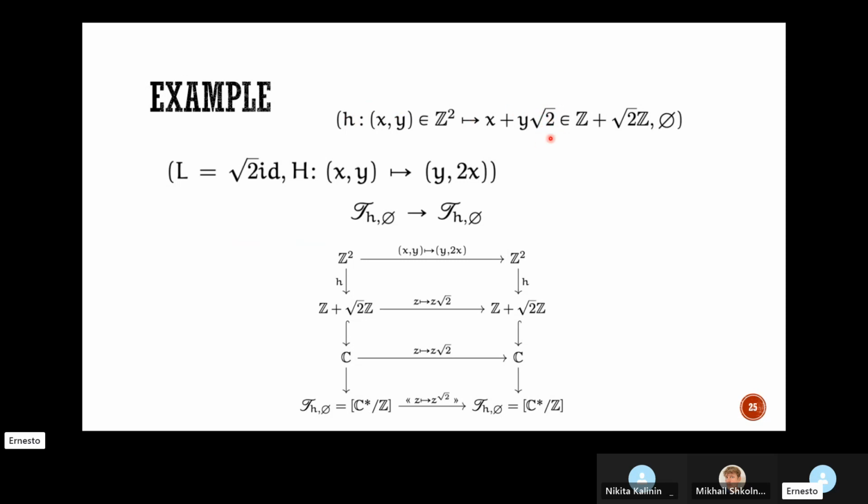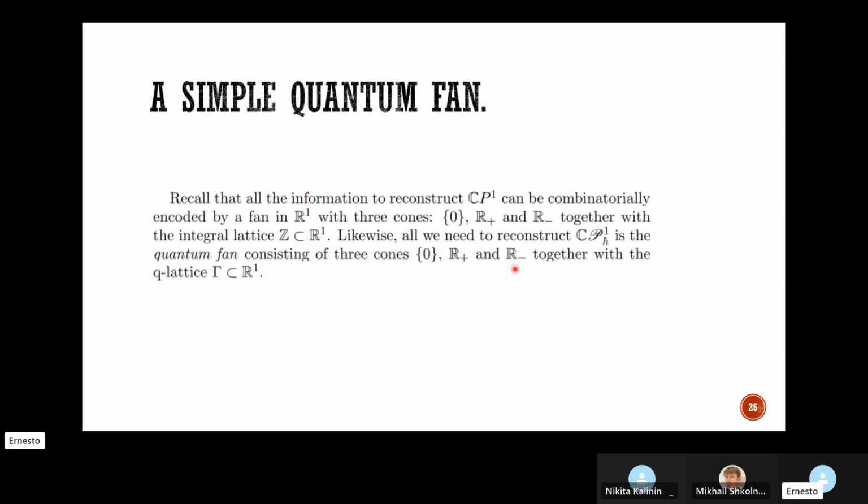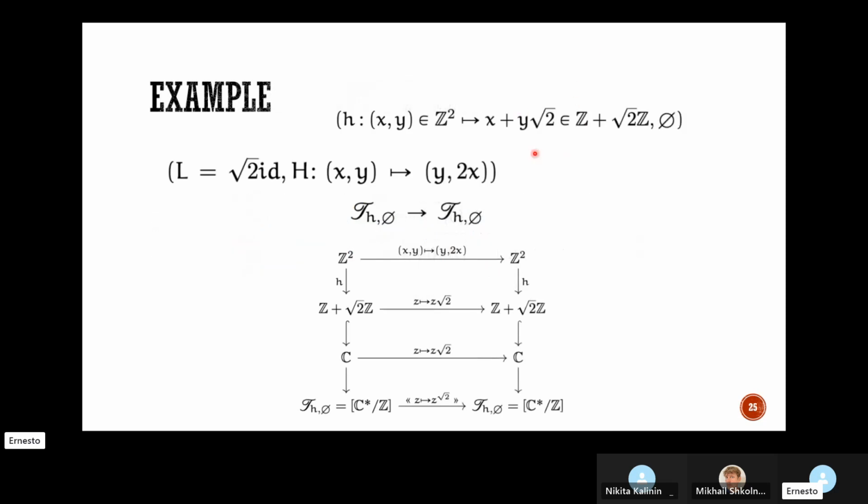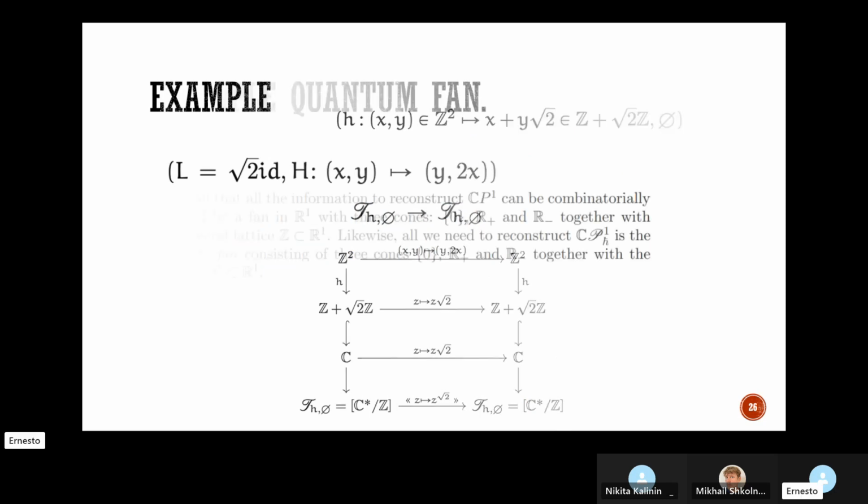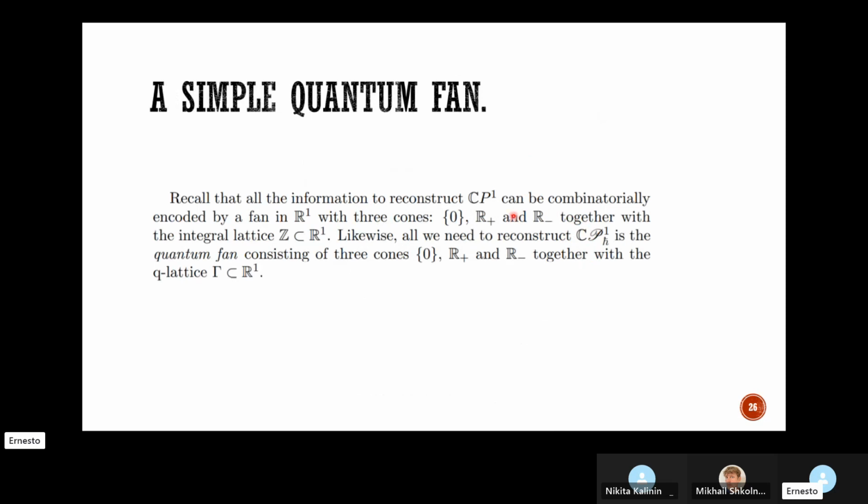I could put here a number, h bar, and in any case, if I put that number h, I would have the quantum lattice rather than the canonical lattice in R that would give you C star, R by the integers. Now I could have the canonical fan in R, and I do the same combinatorial fun, but now I put this quantum lattice rather than the classical lattice. And what I will obtain is CP1 h bar if you want.